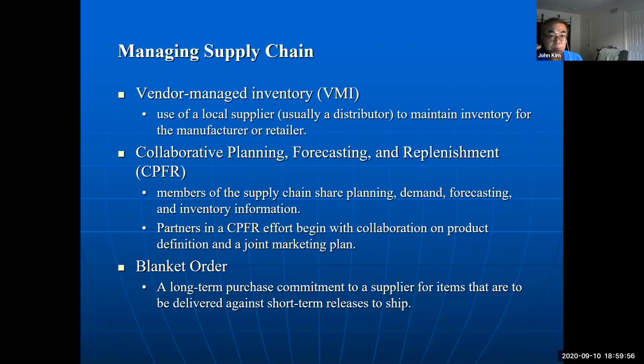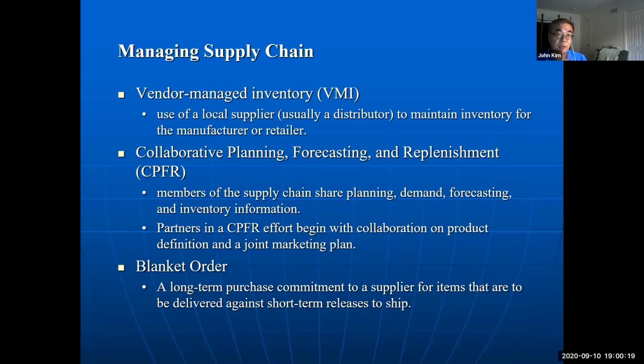So to solve that problem, nowadays they connect to vendors, suppliers, connect directly to customers.